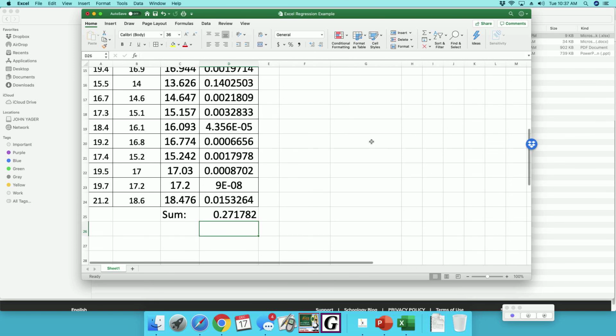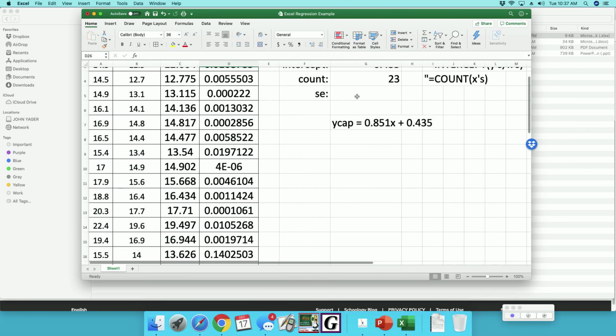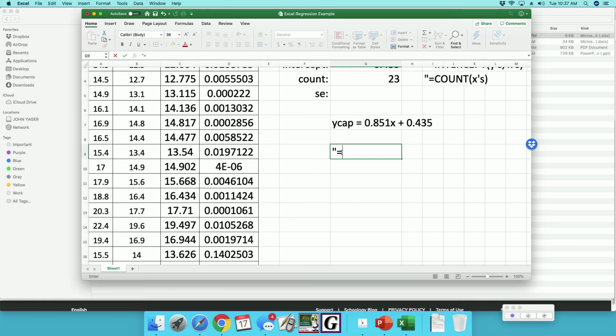Now for our formula, you're going to have to pay attention here. Our formula, which I'll write down here, is going to be equals parentheses, the sum of all our y minus y cap squareds, divided by our degrees of freedom.